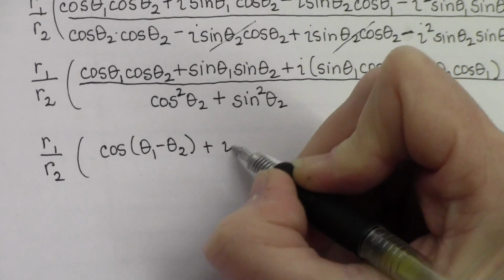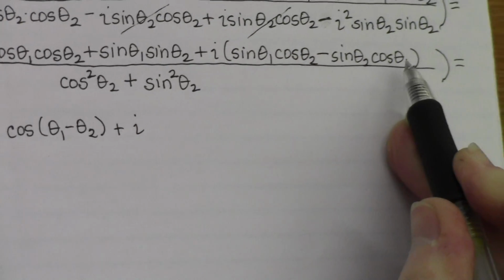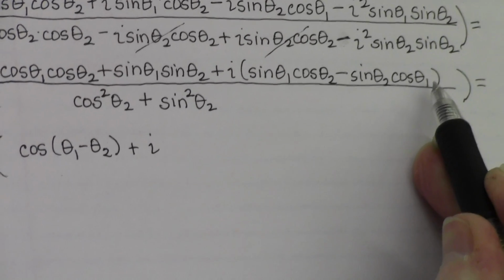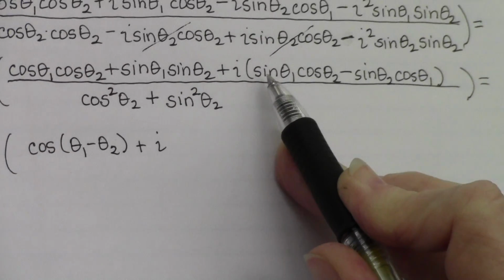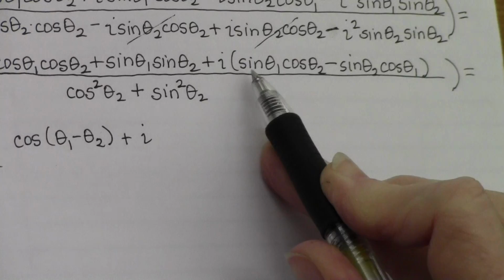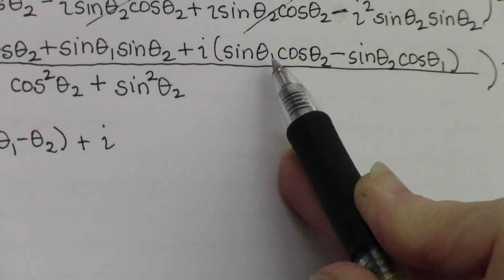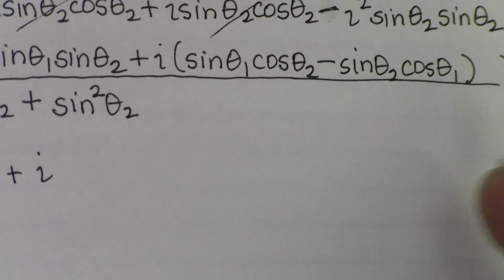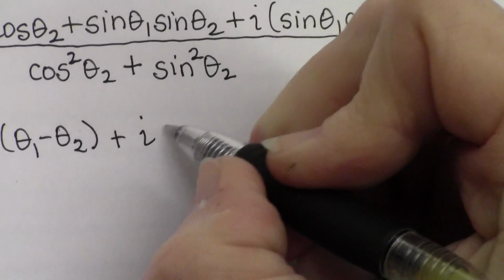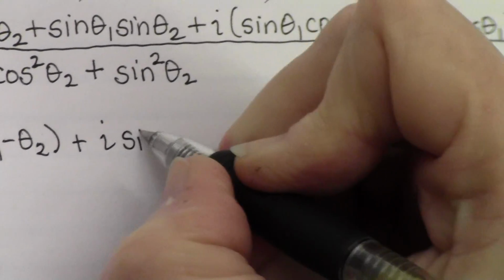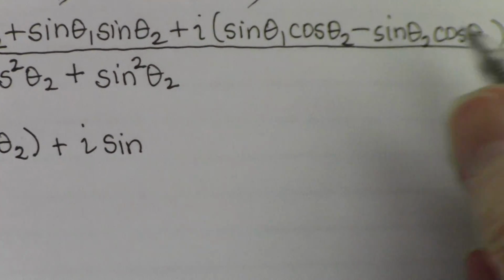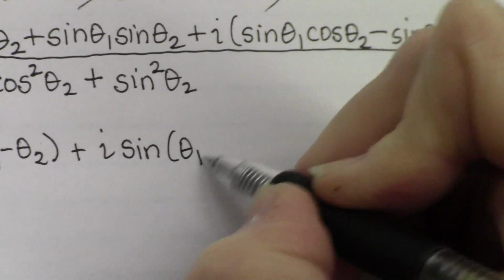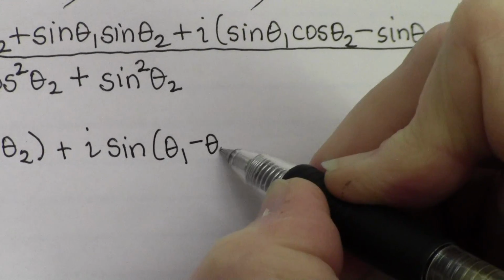And then I have i, and this again is a trig identity. It's one we learned a few weeks ago. It's sine subtraction. When you have sine of A cosine B minus sine of B cosine A, that is sine. In this case, I know it's not A and B, it's theta sub 1 minus theta sub 2.